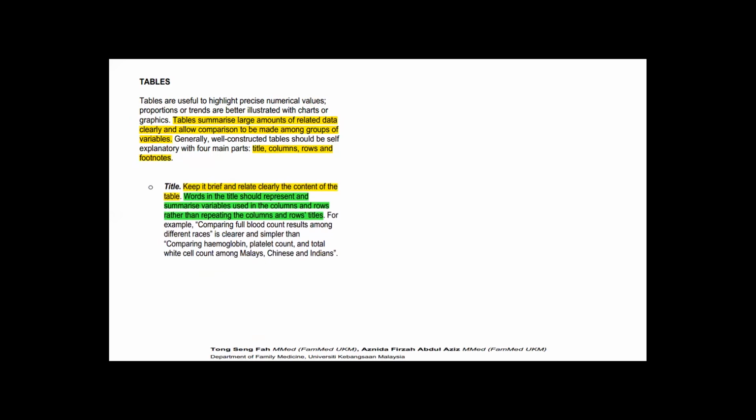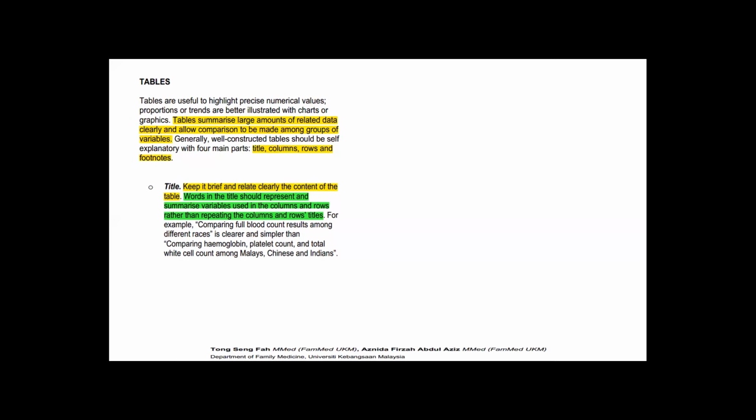A title should be brief, and it should also be related clearly to the content of the table. Now, words in the title should represent and summarize the variables used in the column and the rows, rather than just repeating the column and row titles. So let's consider an example where you are presenting a table that includes parameters of the total blood count or full blood counts.